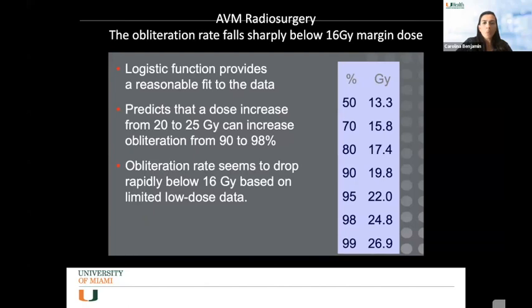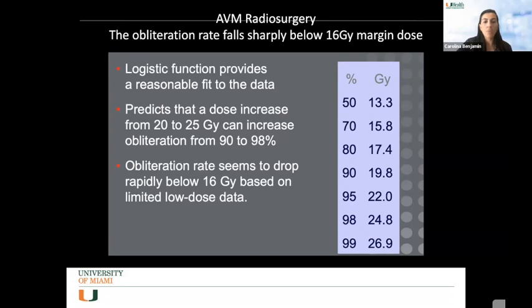What this study found is that the obliteration rate really falls sharply below a 16 gray margin dose. You can see the percent obliteration and the prescription dose here on the side, and below 16 it really does drop precipitously.